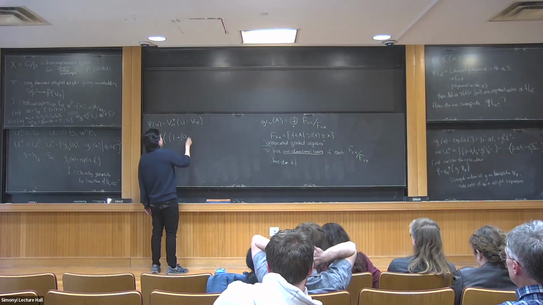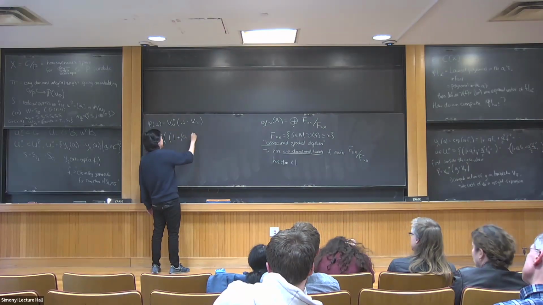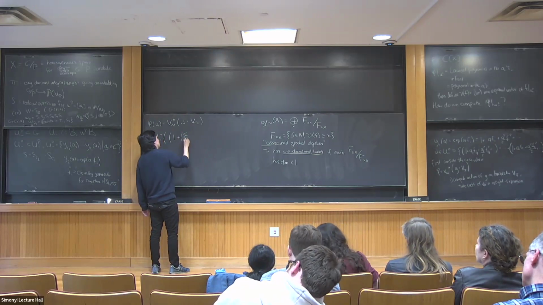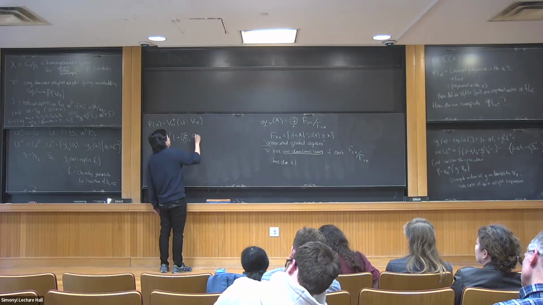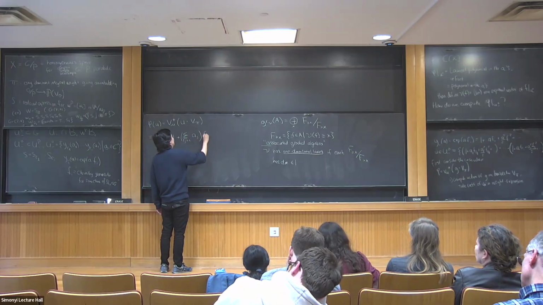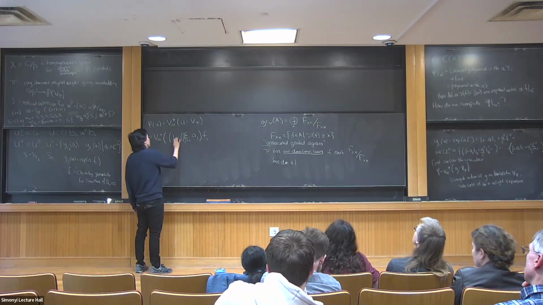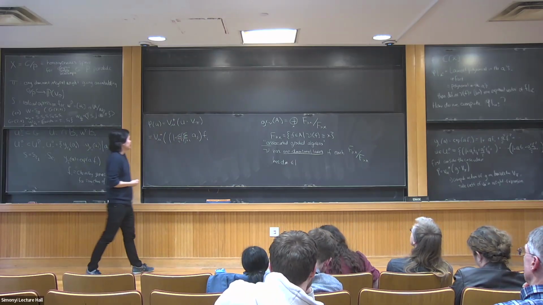So: sum over i of A_{j+i} times F_j. Again, there's a sum over i here. Right, so here's one term of this thing.